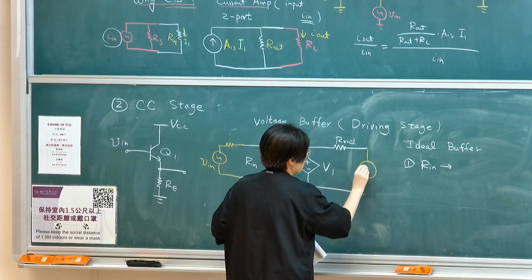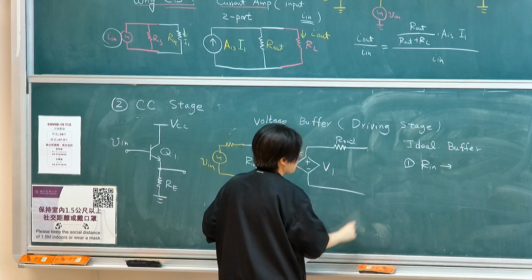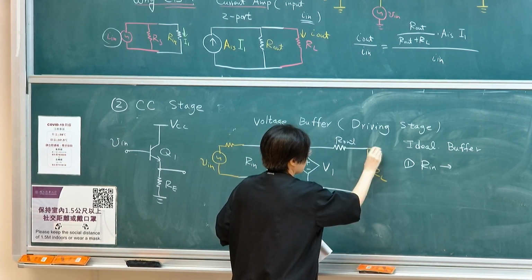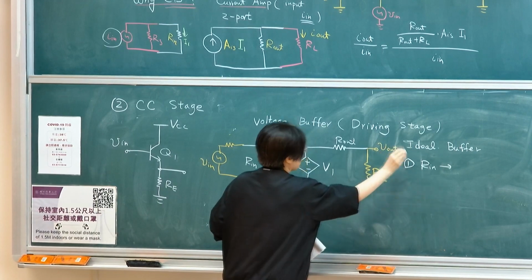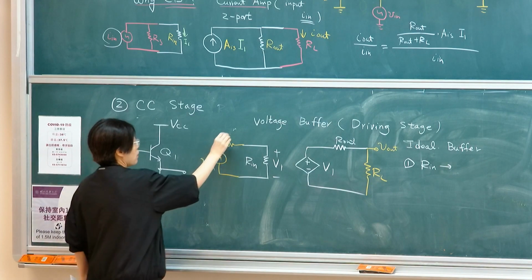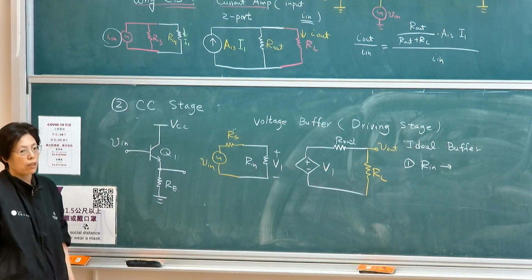Once again, this is your VL. Okay? So what do I want for input, so that it will be independent of RS and R load?